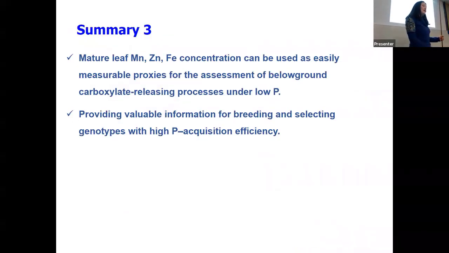So we found that mature leaf zinc, manganese, and iron concentration can be used as easily measurable proxies for the assessment of carboxylates in the low phosphorus environment. That would provide valuable information for the breeders in selecting genotypes with high phosphorus acquisition efficiency.